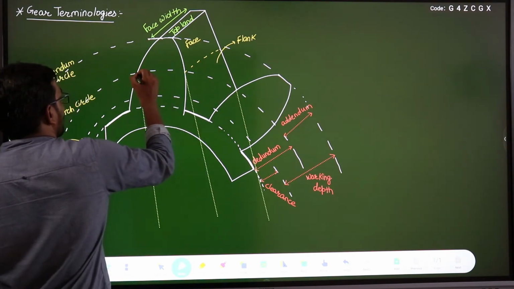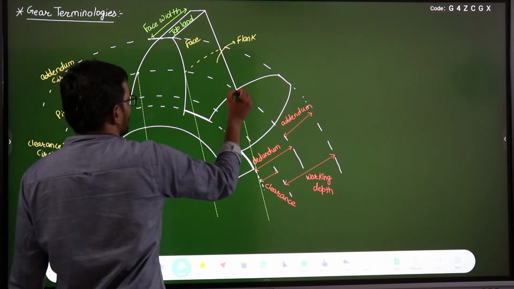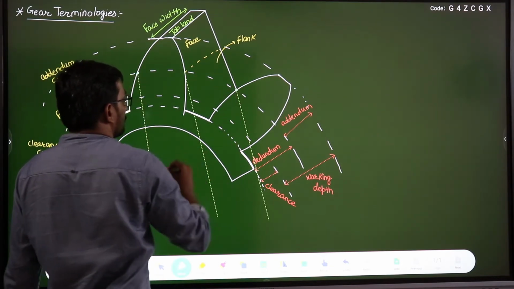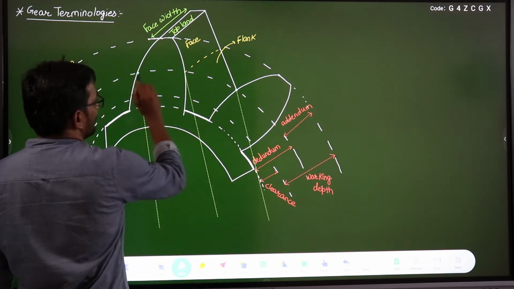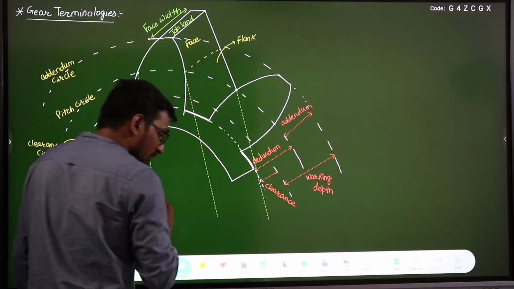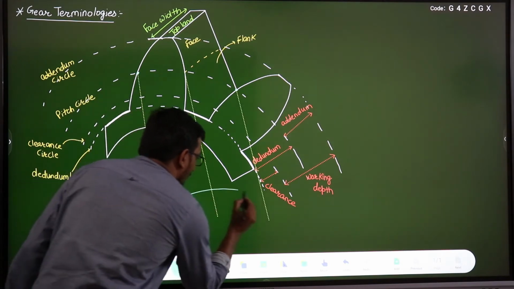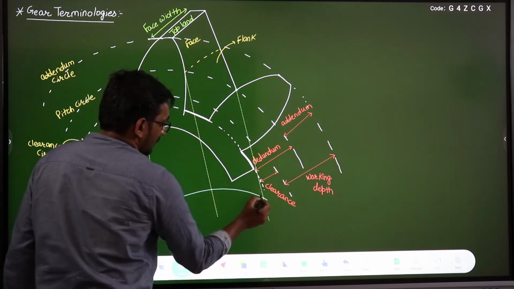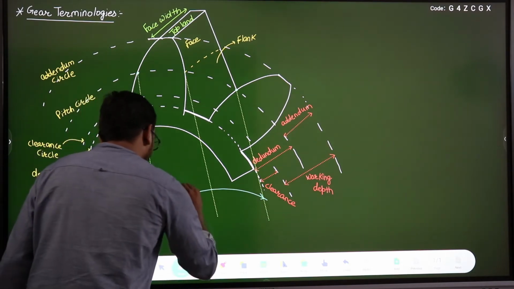If I take this point, then the corresponding point of the adjacent tooth is this one. So this arc along the pitch circle, between the corresponding points of adjacent teeth, is known as the circular pitch.